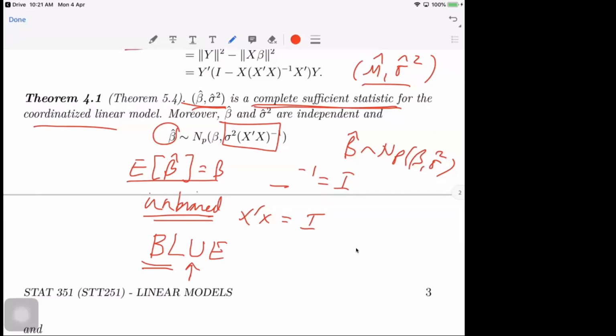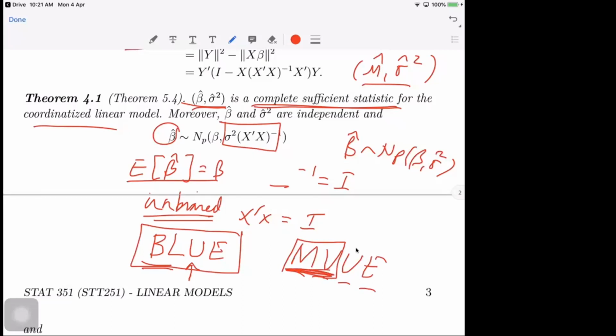So best linear unbiased estimate, the blue. Blue is a special case of the MVUE, or the minimum variance unbiased estimate. Minimum variance among all competing unbiased estimator, siya ang pinakagamay na variance.